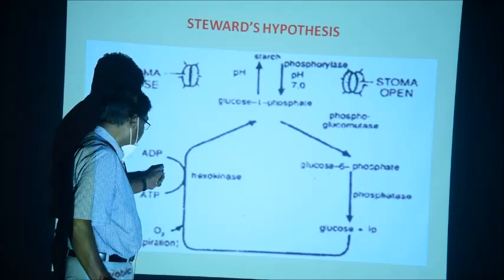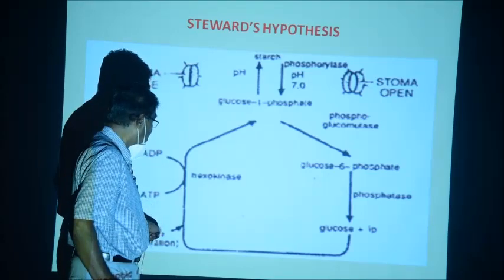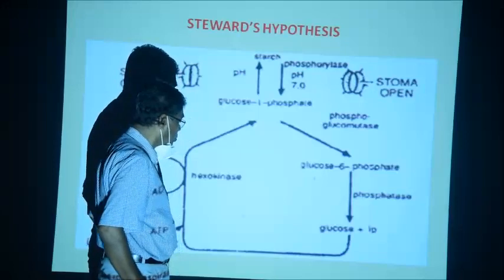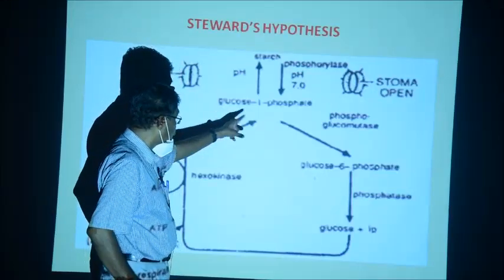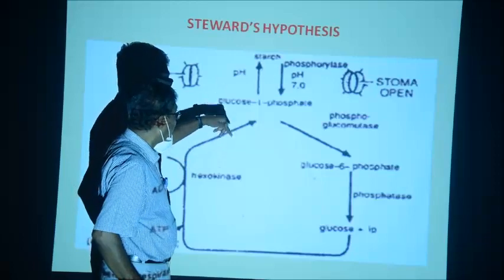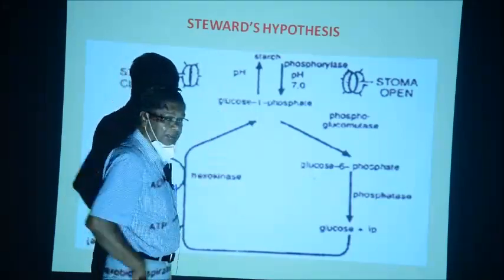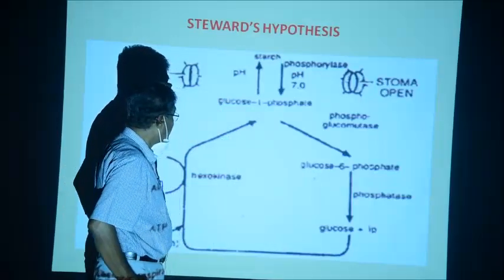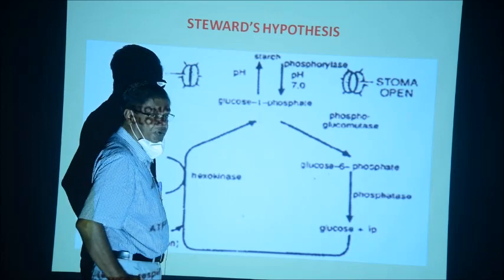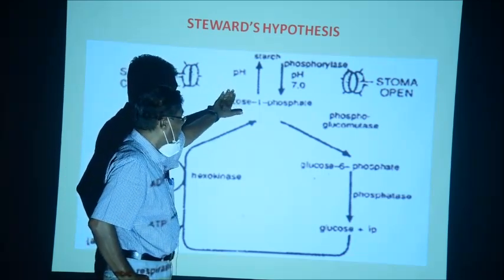Now, this occurs with energy in the presence of oxygen, and hexokinase adds phosphate to glucose to form glucose 1-phosphate, and glucose 1-phosphate is again converted back to starch in the presence of the same enzyme phosphorylase at pH 4.2 to 4.5.